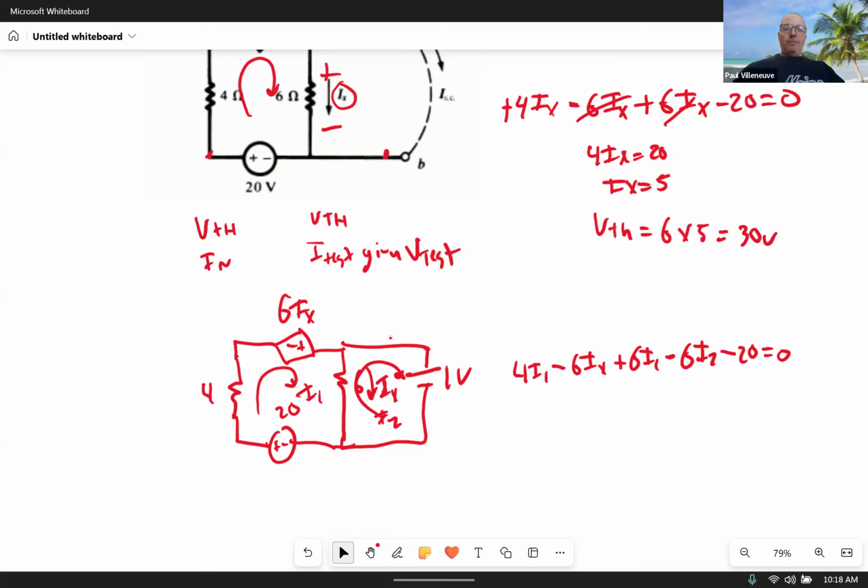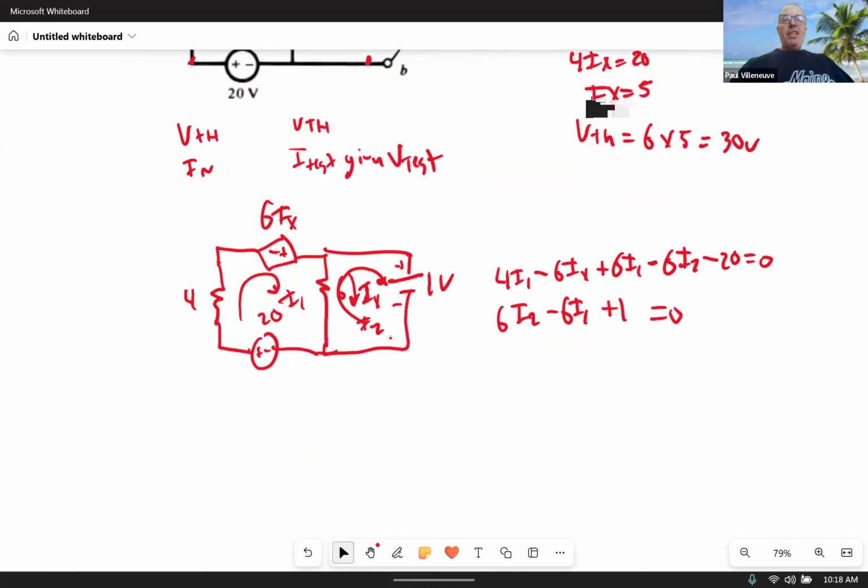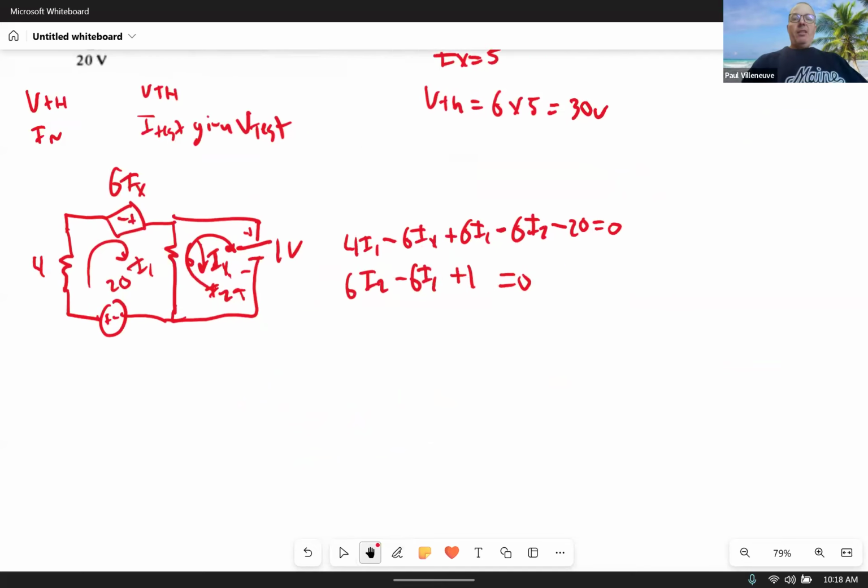Now my next loop: 6I2 minus 6I1, and this is plus to minus here, so that becomes plus 1, and that's going to equal 0. Once I know what I2 is, that gives me the current from the test source. Then I can use that to find my R equivalent.